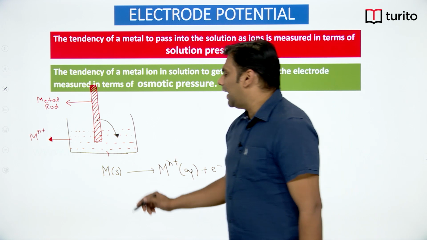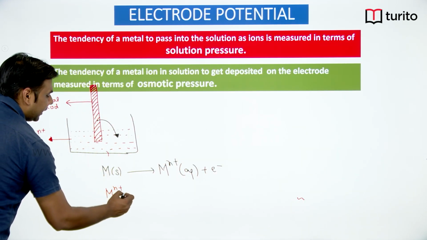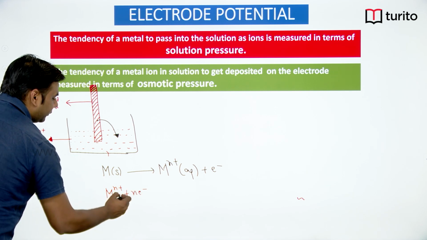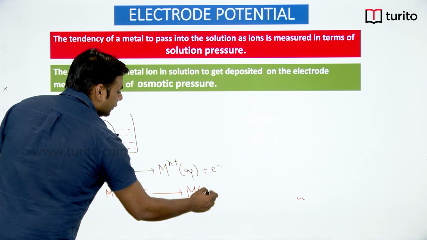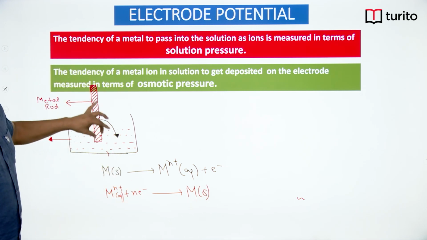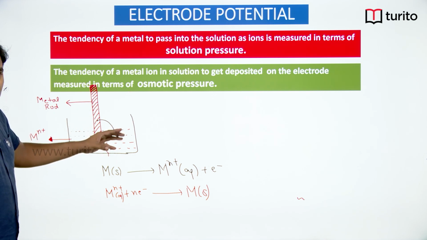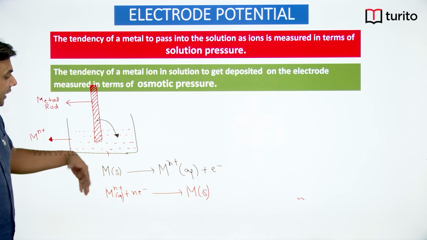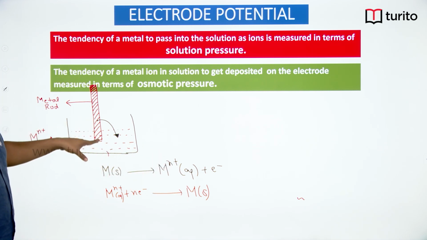If the metal ion gets reduced, it will take up n electrons from the solution and change into metal, and this will get deposited on the rod. So the metal ion inside the solution has the tendency to gain electrons and get converted into the metal, which will get deposited on the rod.